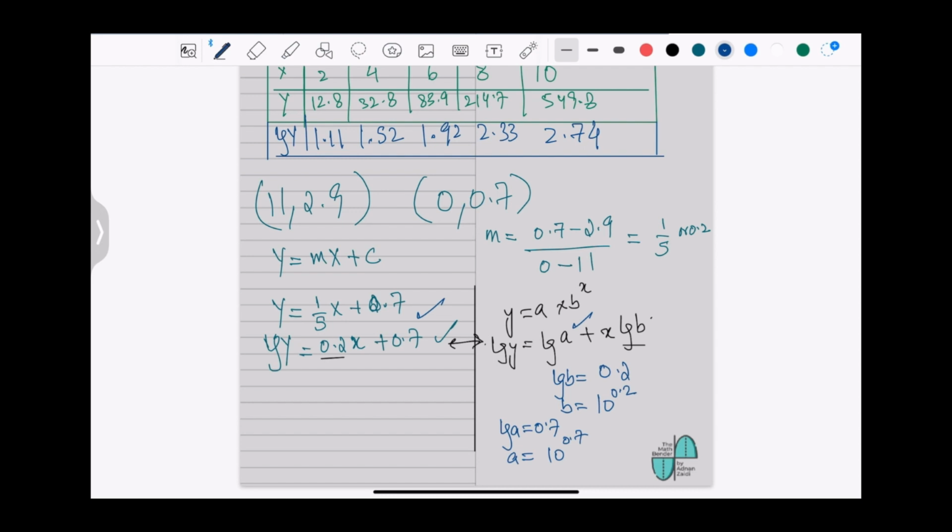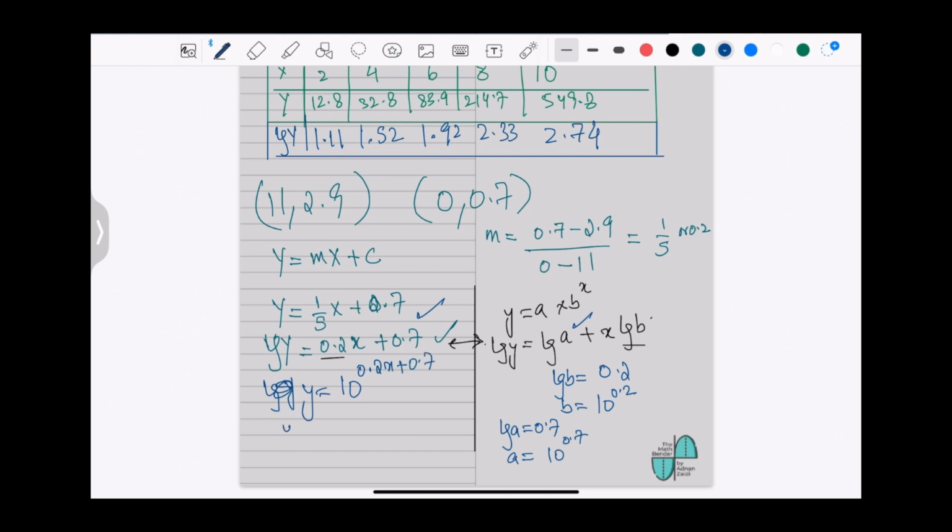The other way: LGY equals 0.2x plus 0.7 can be written as y equals 10 to the power 0.2x plus 0.7.